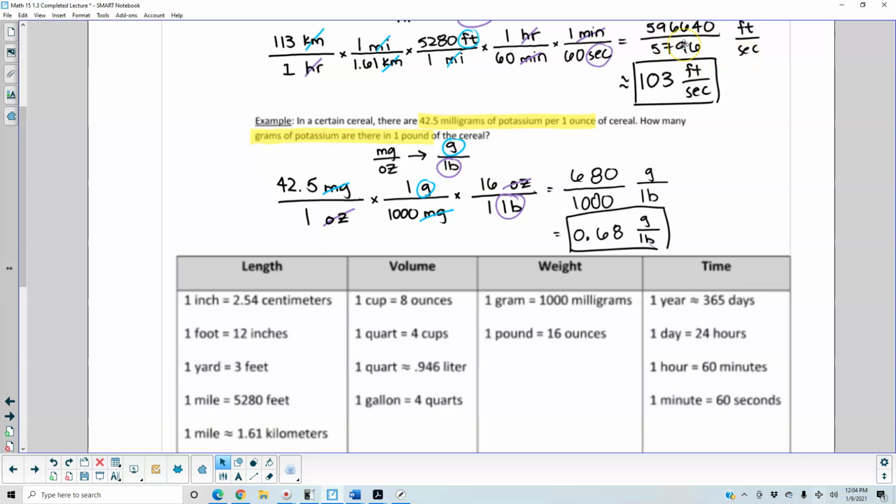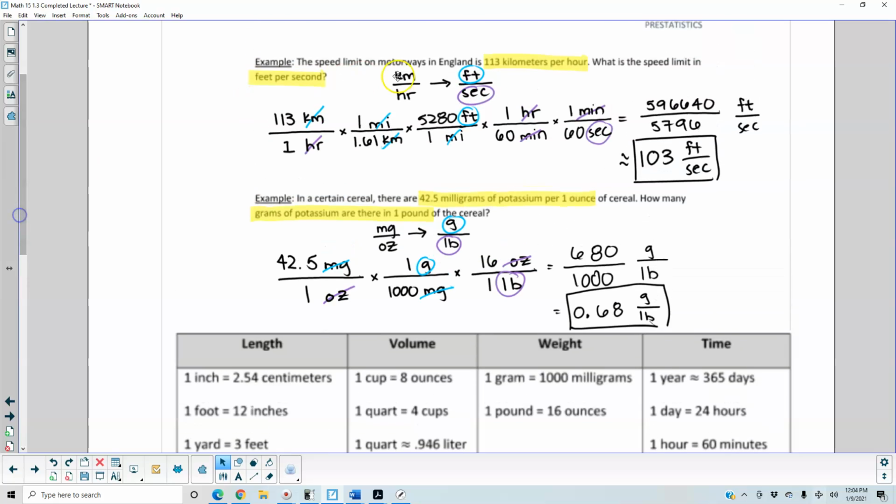Now, when we do the division, we get approximately 103 feet per second. So we know that 113 kilometers per hour can be converted to 103 feet per second, and again, that's approximately.